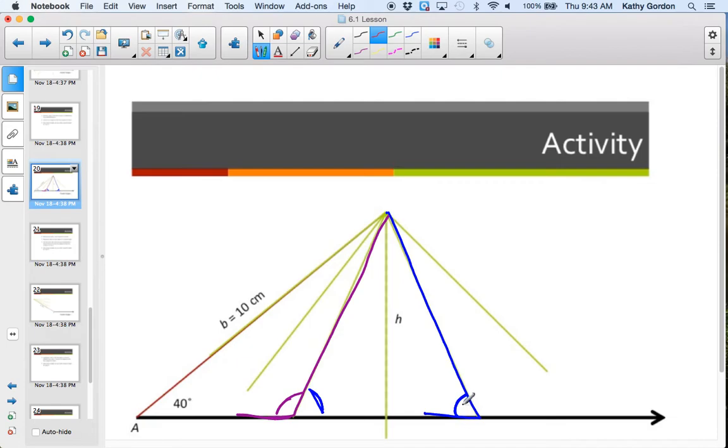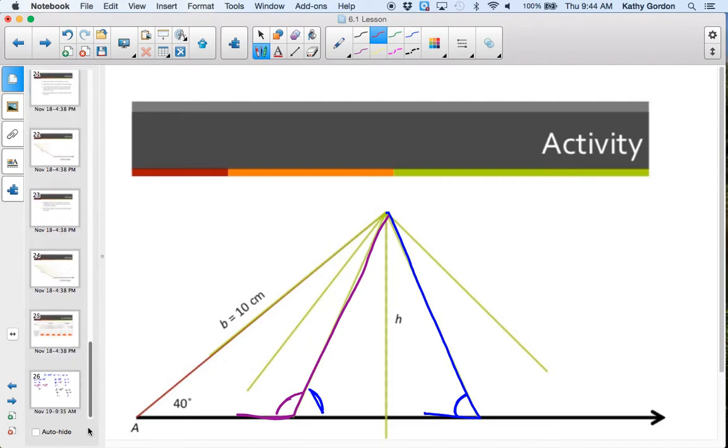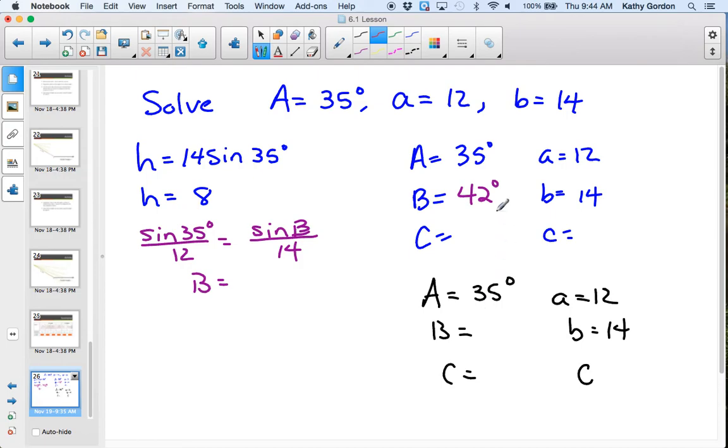Exactly. Because remember, these two are the same, and so this one's got to be 180 minus whatever that angle was. So back here on our problem, if I find this one as 42, then this one is going to be 180 minus 42.